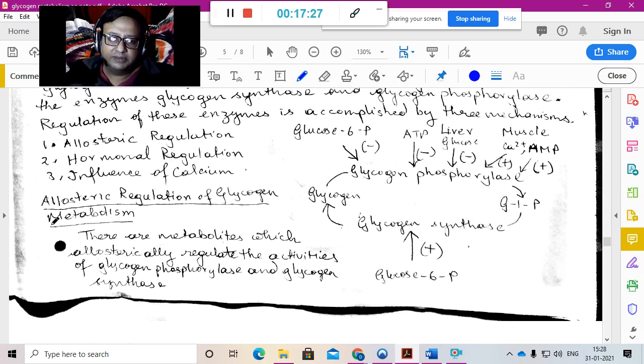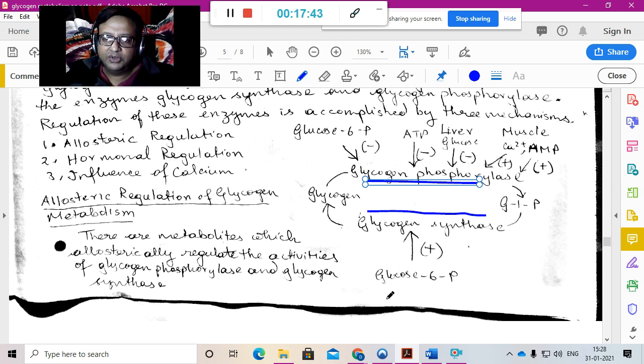There is an allosteric regulation of glycogen metabolism. Glycogen phosphorylase is the enzyme which breaks down glycogen, and the enzyme which makes glycogen is glycogen synthase.